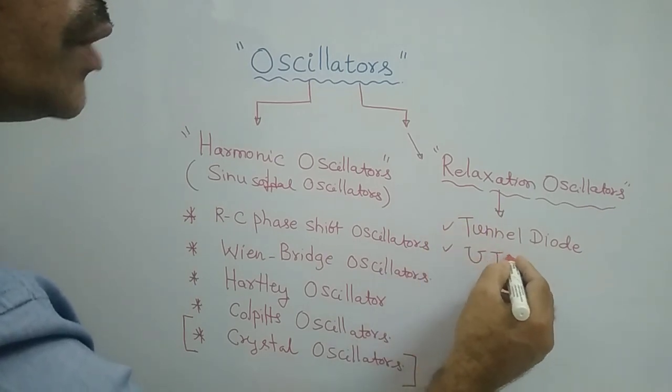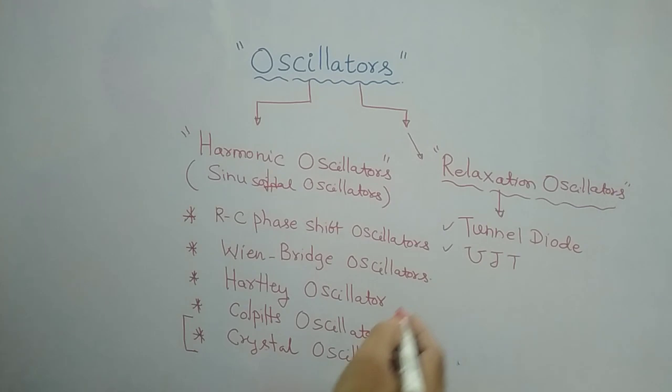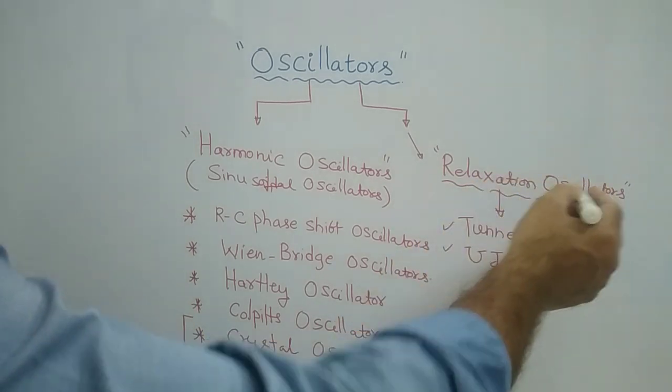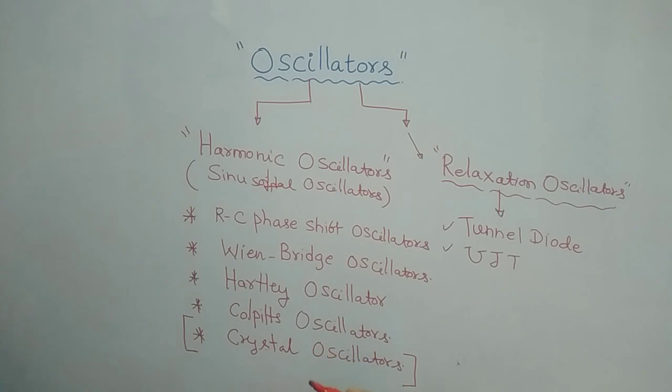You know about the UJT, or otherwise I will explain it later. The tunnel diode and the UJT, the uni junction transistor, can act as relaxation oscillators. So in relaxation oscillator circuits, we can use either a tunnel diode or a UJT.